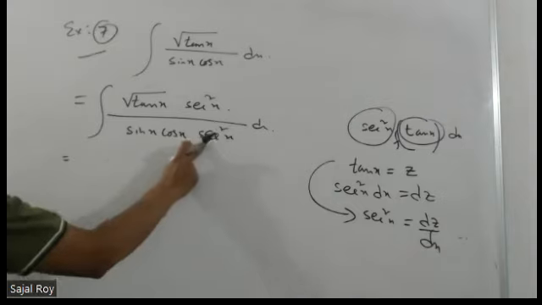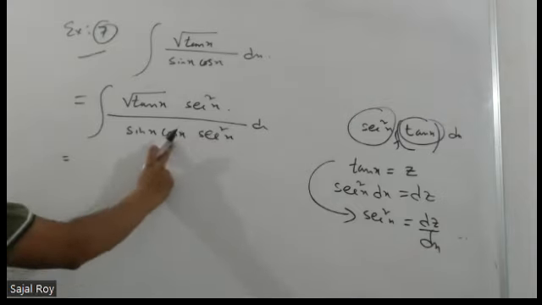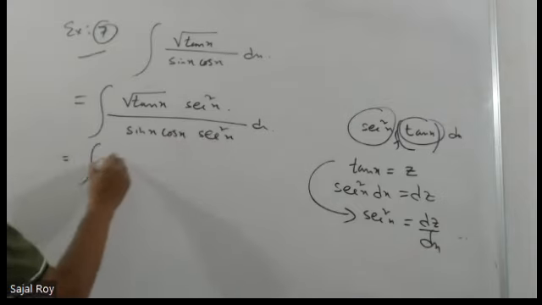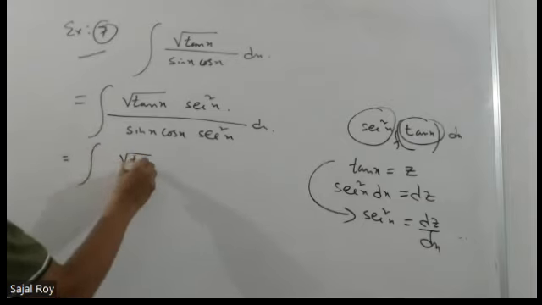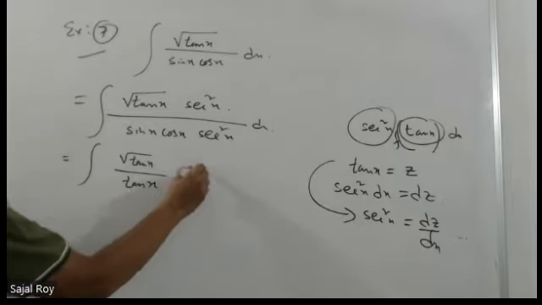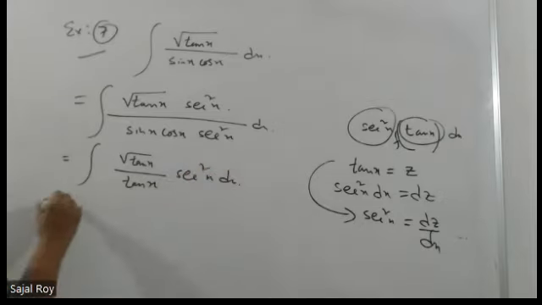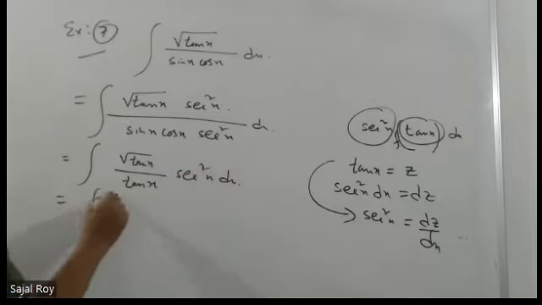So one cos gets cancelled and you have tan x. So it is tan x to the power minus half, right?